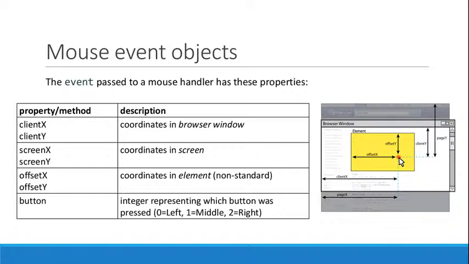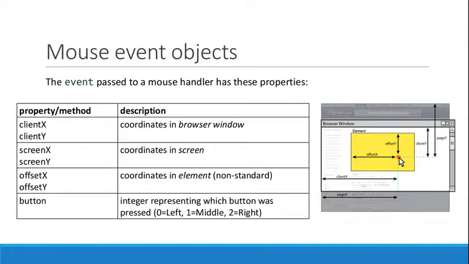The properties are clientX and clientY, which are the coordinates in the browser window. In the browser window shown on top, there is a mouse pointer and a particular red area where the click has happened.